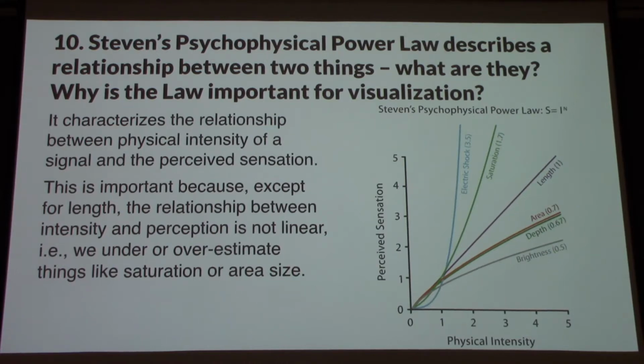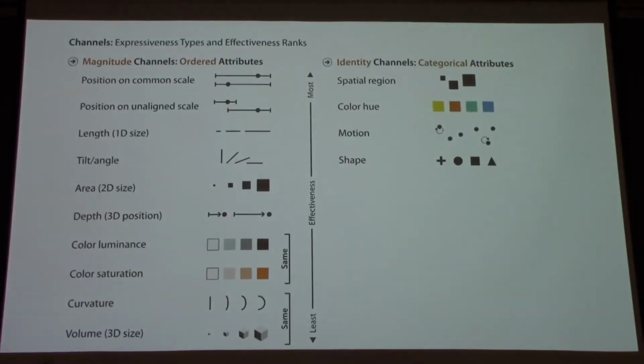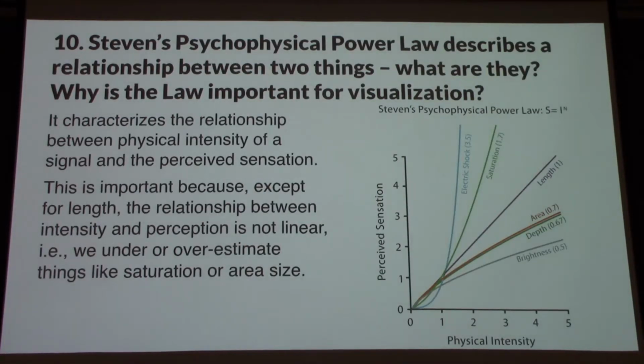It essentially tells us about the relationship between the perceived sensation and the physical intensity of a stimulus. This is really important because you can derive almost everything about the visual variables just from looking at this chart. You can make arguments about the ranking, about all of these things, just by understanding what is going on here.